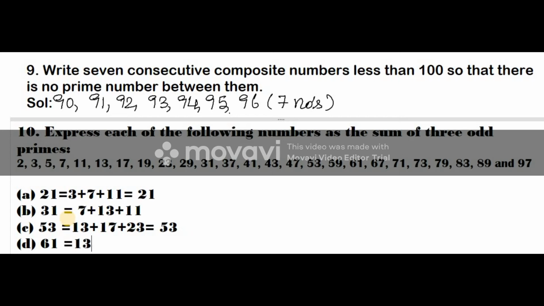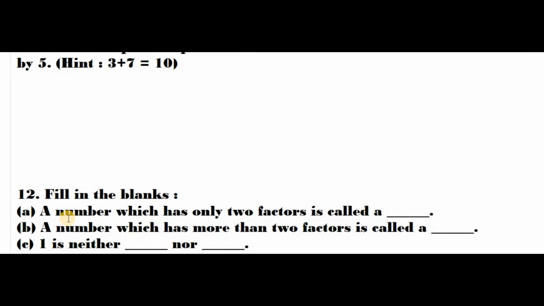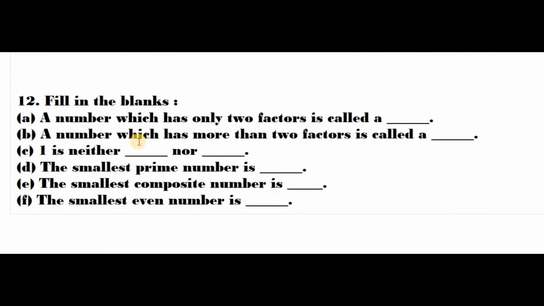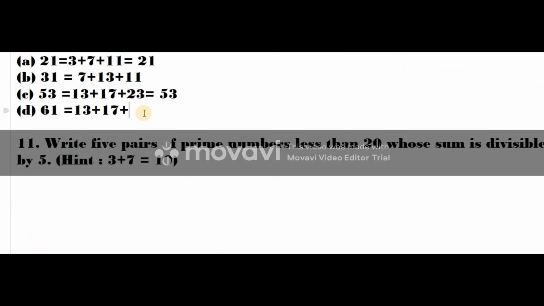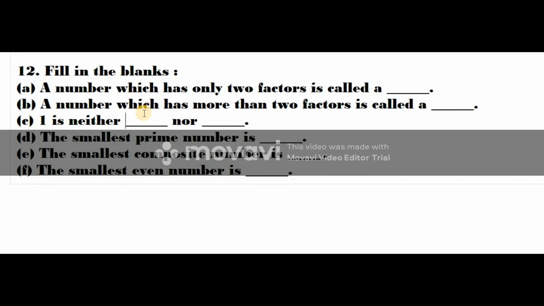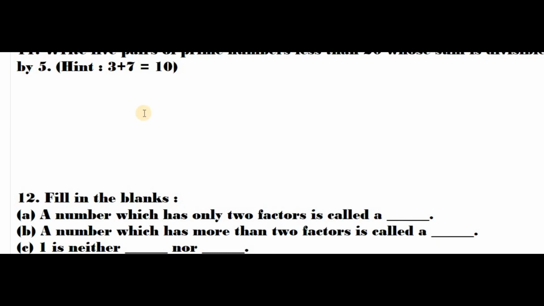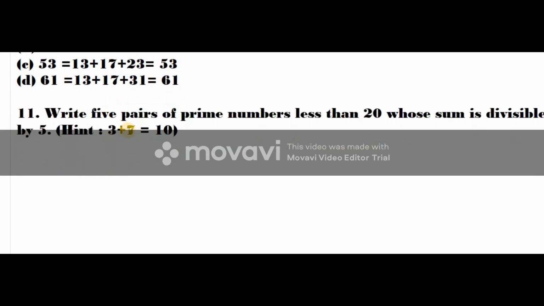Very simple. 13 plus 17 is 30, 30 plus 31 is 61. So in this way we can complete it, and now move on to the next.